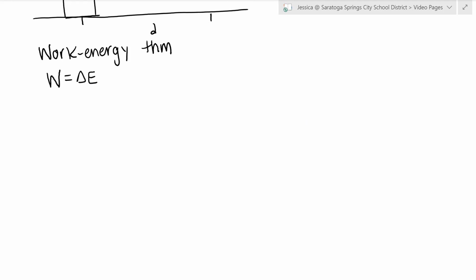So if that work is done by an external force, okay, so examples of external forces might be friction, it might be applied forces, and if we're not including the earth in our system, it might be forces due to gravity.